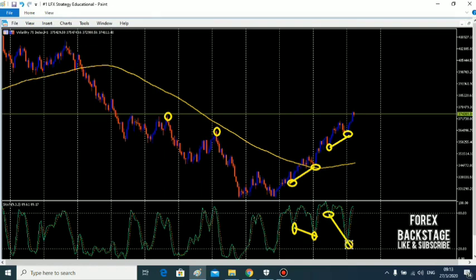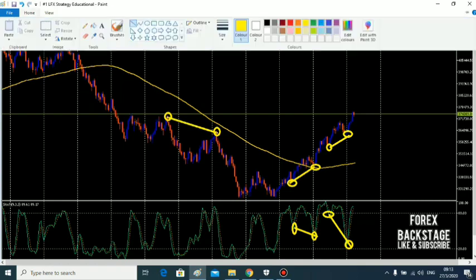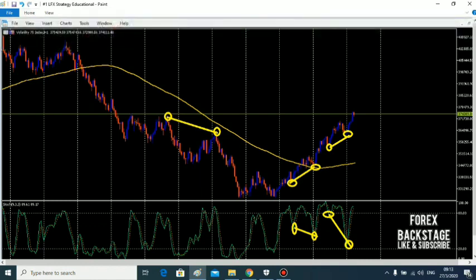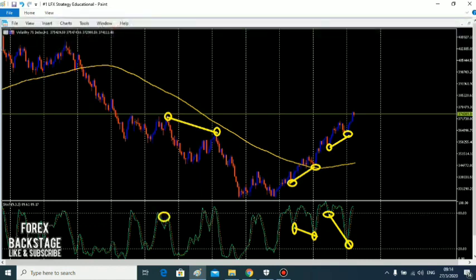So as you identify the peaks in a downtrend, when you now identify on the oscillator, it has to be at the peaks as well. See, this is the top part. I'm not identifying from the bottom. So in a bearish trend, you use the peaks, and then on the oscillator as well, you use the peaks.